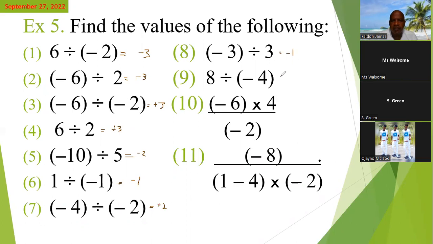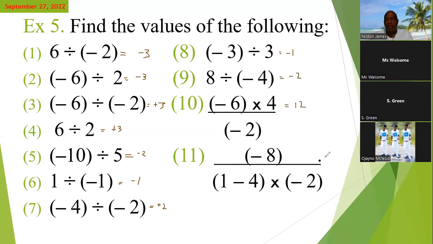A number into itself goes one time. Question 9. Negative 2. Question 10. Positive 12.